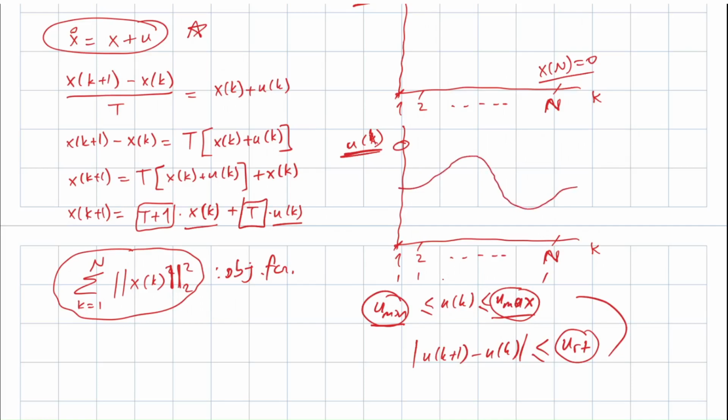At the end, what you have is something sandwiched between your allowable input limits and also the change of your input.